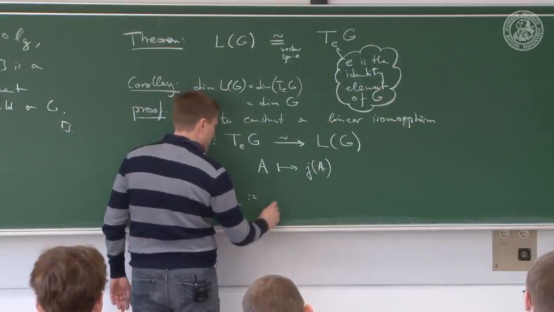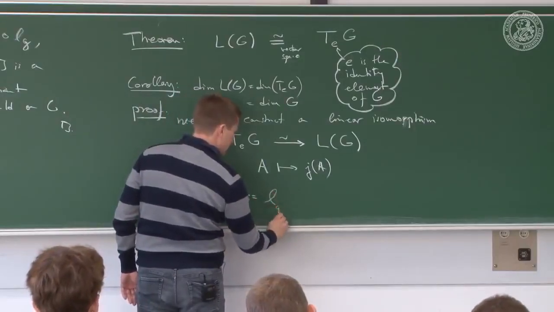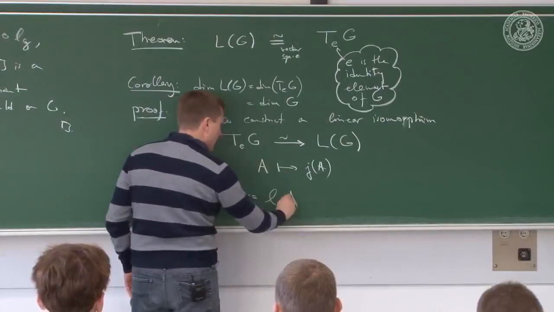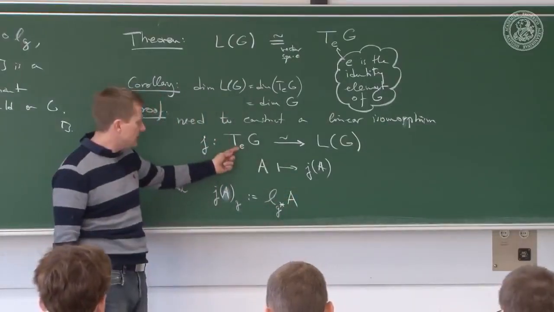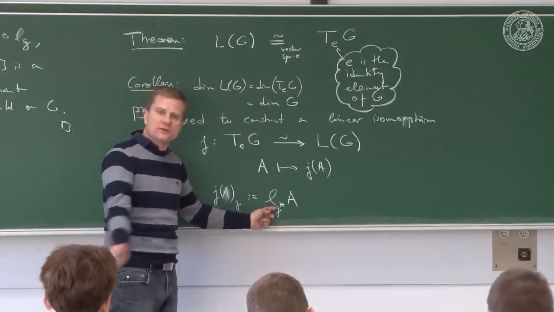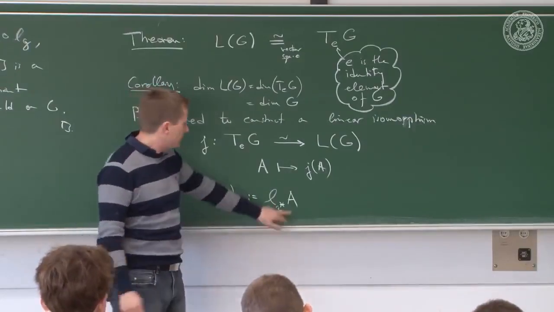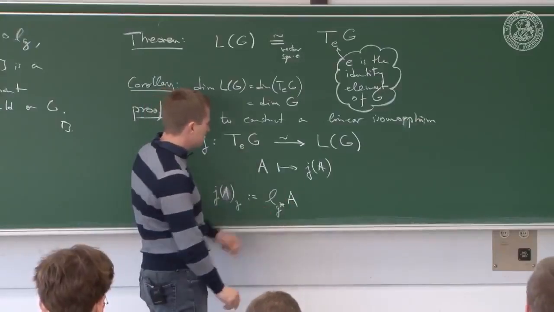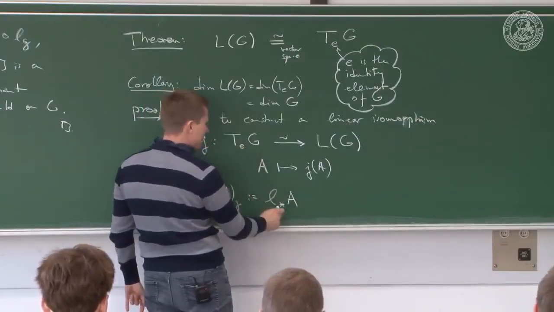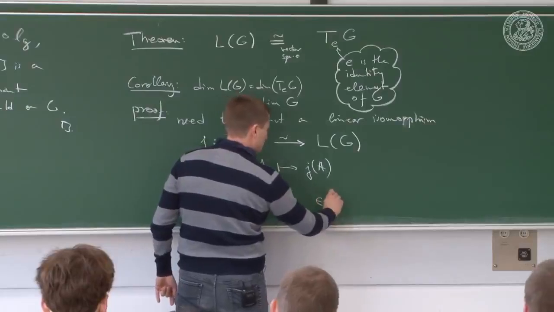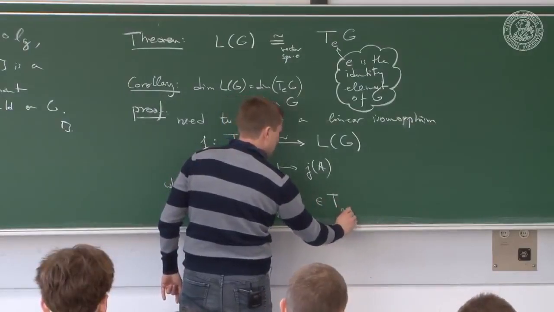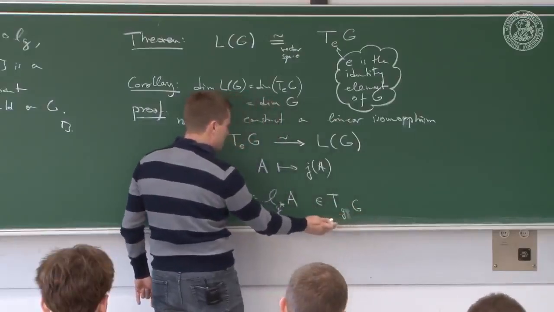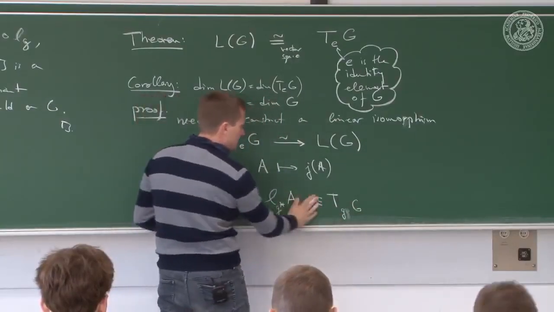How do I construct this from an element in the tangent space at E? Well, nothing simpler than that. I use the left translation and I push forward the element in the tangent space at E. I push it forward using L_G. If A was a vector in T_E G, then this is a vector in T_G E, but G E is just G, so that lies in T_G too, that's fine.